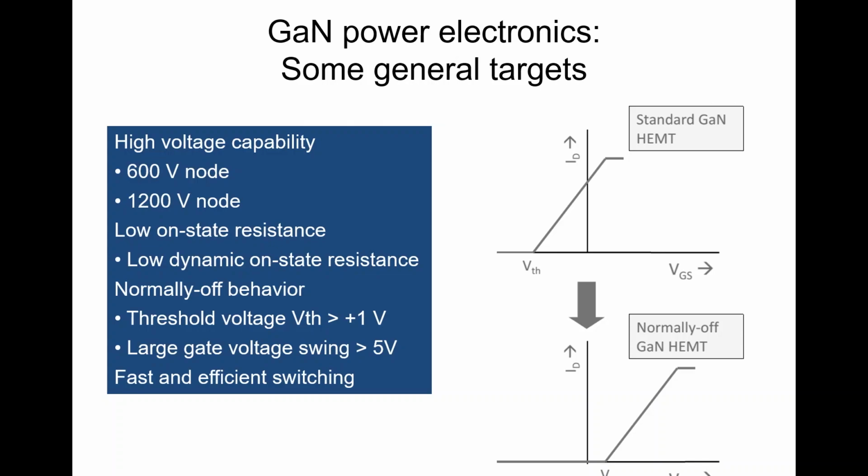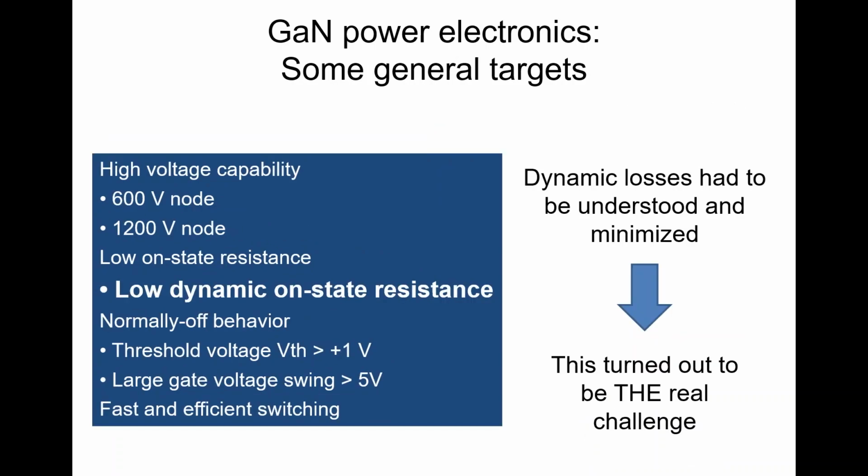Okay, so those are the main and general requirements. And for people who have worked in this field for a while, they know that the dynamic losses actually were the ones to be overcome. This was really the real challenge. And I'll explain what it is in a couple of slides here.